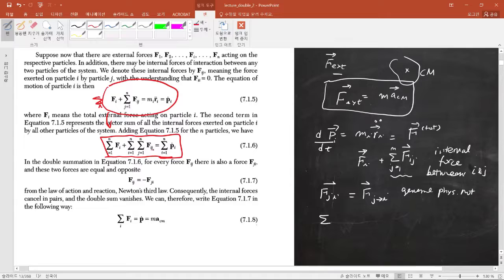And here F_ij is the internal force between i and j, and by action and reaction, the third law, they always satisfy F_ij equals minus F_ji. So the force acting on the i-th particle by the j-th particle is equal to minus the force acting on the j-th particle by the i-th particle. So if you add up all these, the sum goes to 0. So you have this one.